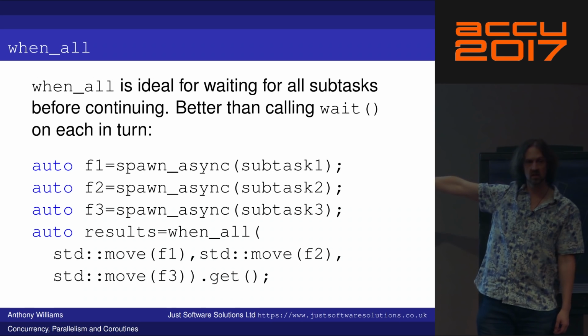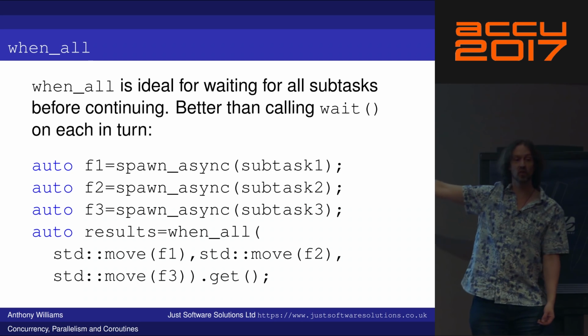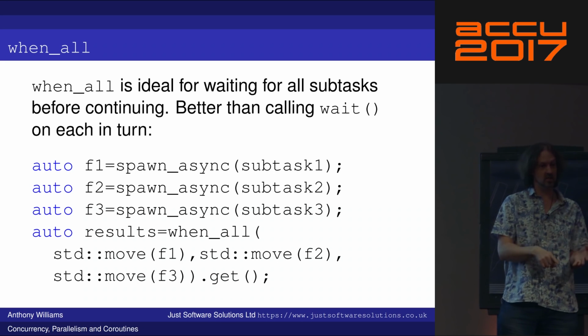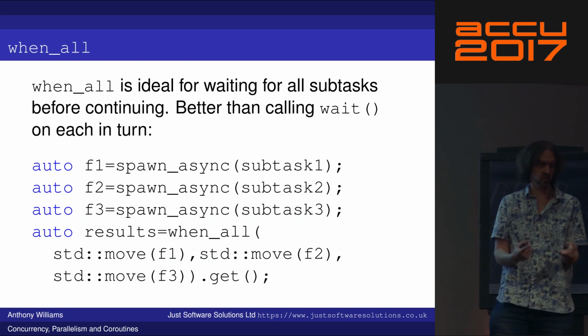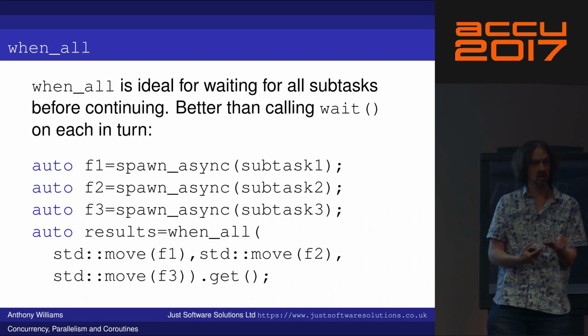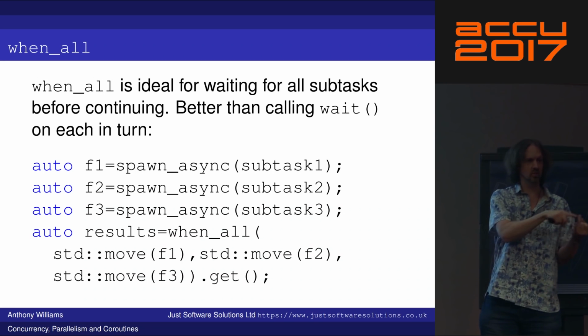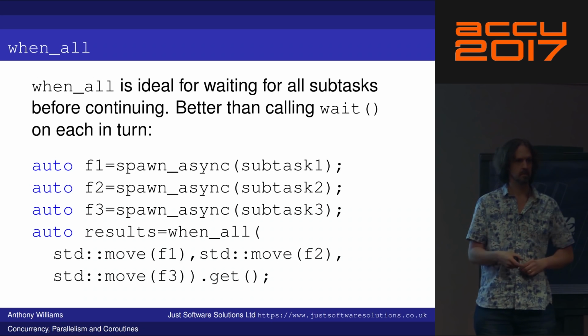We call when_any, or when_all as it is on the slide. Now this gathers them together, and the future returned holds a tuple of futures. So it holds a tuple with a future of int, a future of double, and a future of string, if those were the 3 return types. Then you can query each one separately to get the values for each of the subtasks.